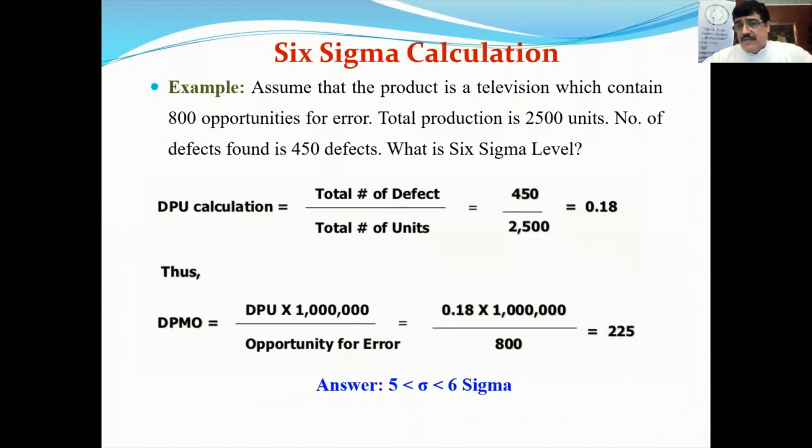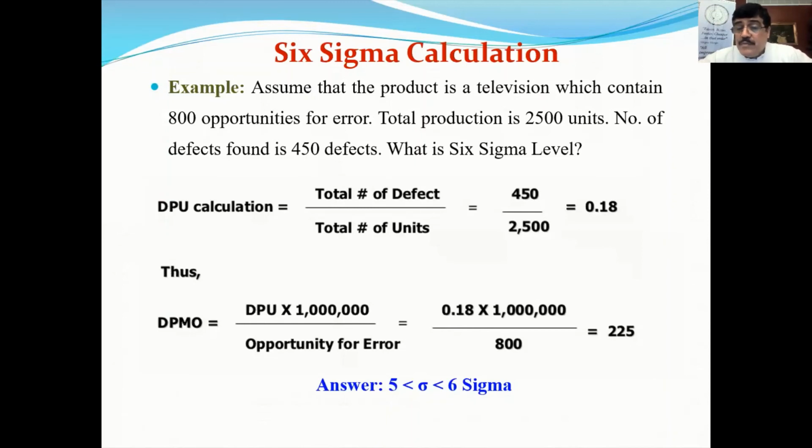You're producing televisions, each of which contains 800 opportunities for error. The total production is 2,500 units, and the number of defects that we found was only 450.